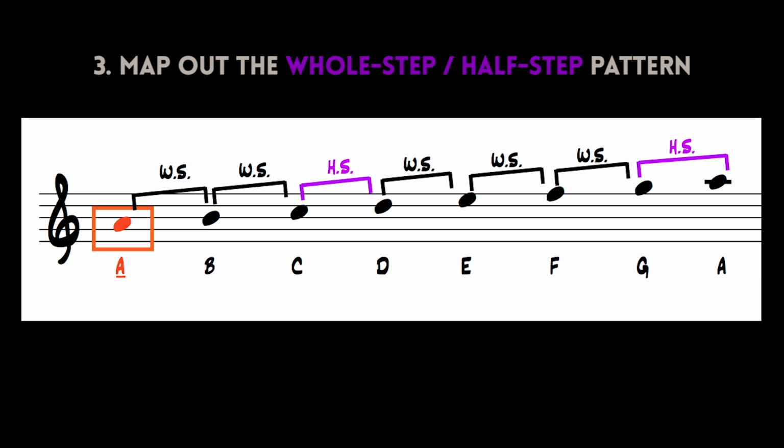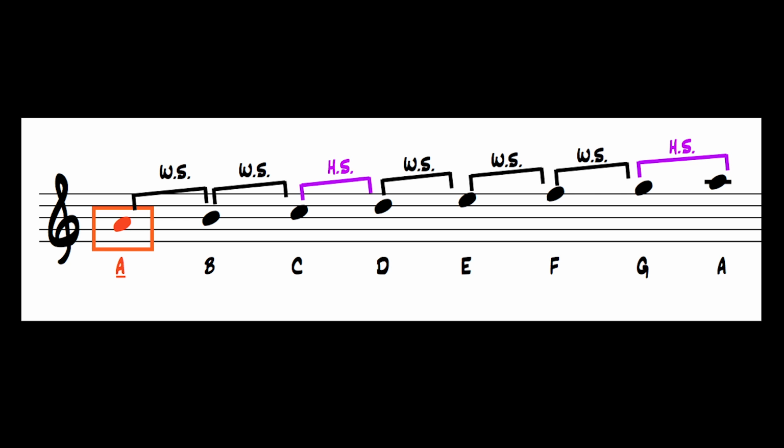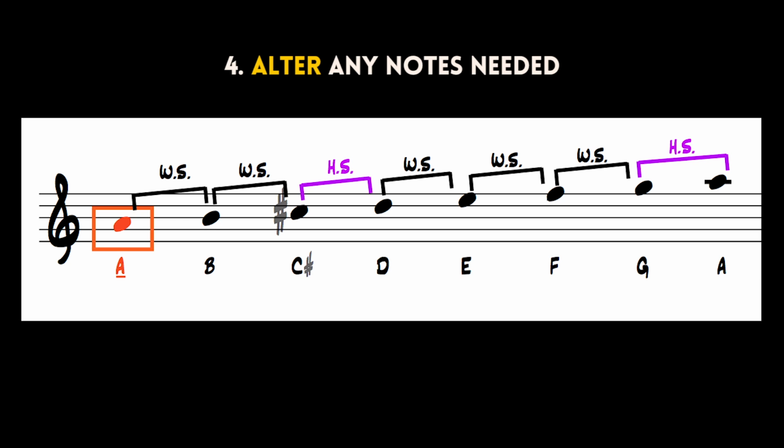So now we work up from the root, making sure that each note goes up by the interval pattern of the major scale. We count up from A by a whole step, which brings us to B, so B is correct, we don't need to alter B. B up a whole step would bring us to C sharp, so we need to alter C here and make it a C sharp, and it's not a D flat because we're on C.